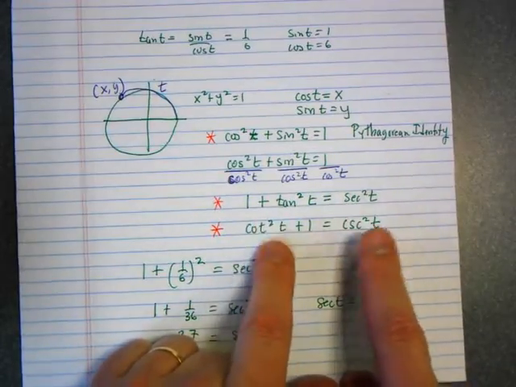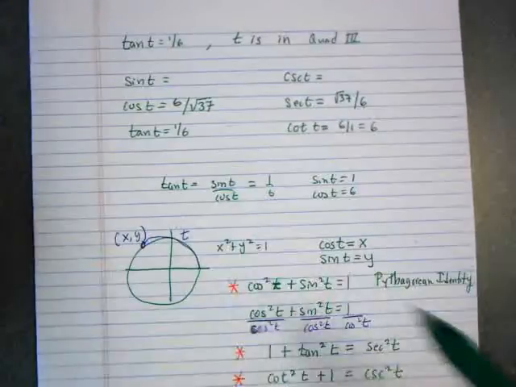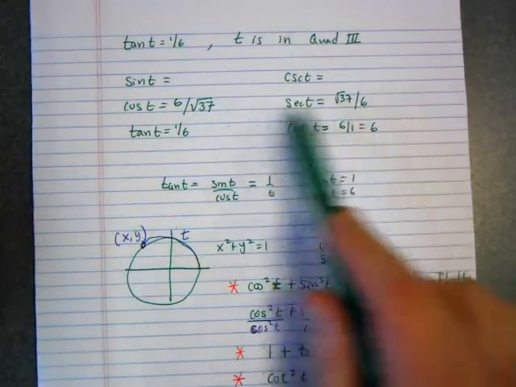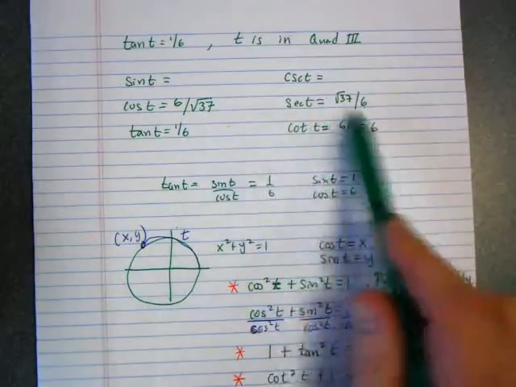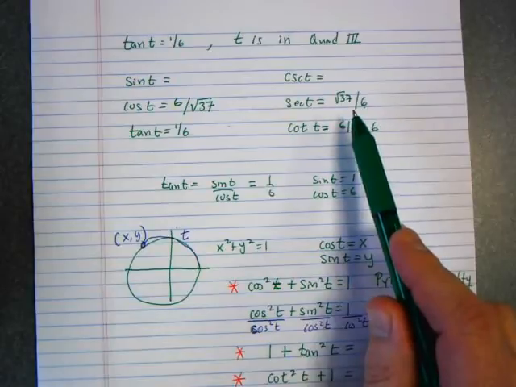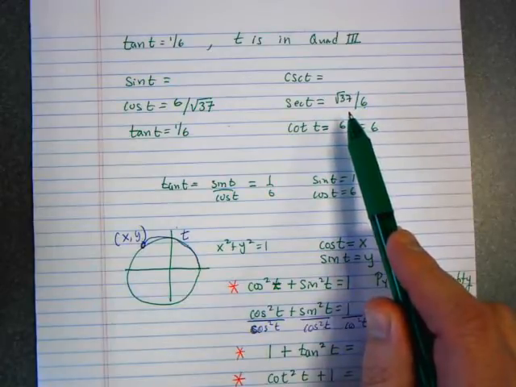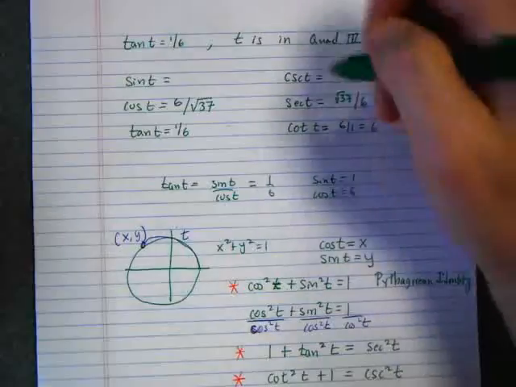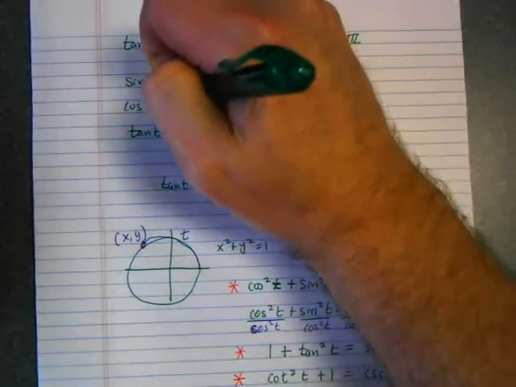And the reason is this cosine and the secant were things that I had to do quite a bit of work to figure out. In fact, now that I look at it, I wrote wrong answers. They should be negative.